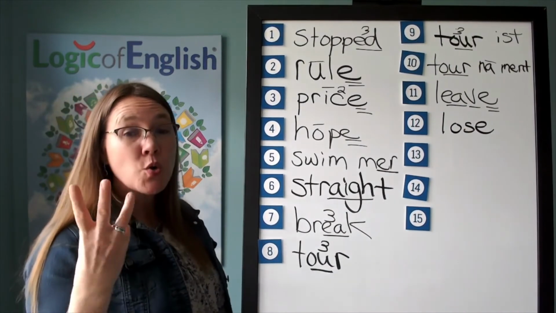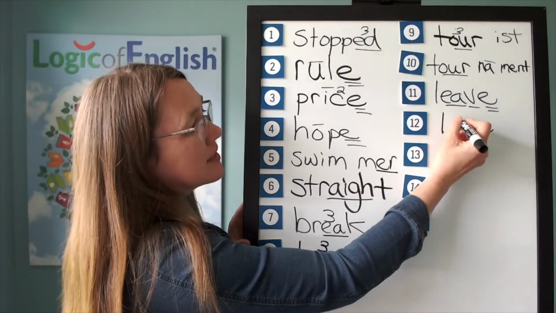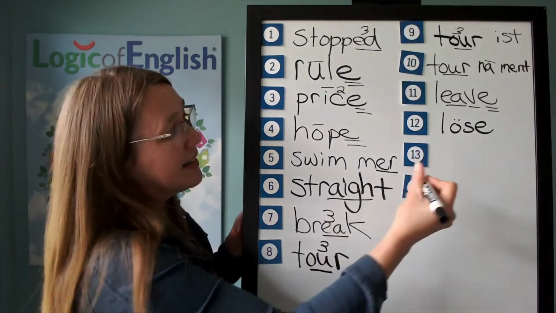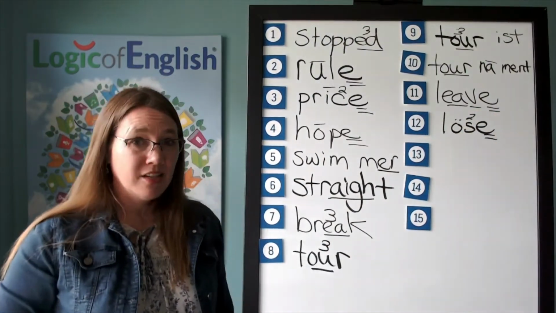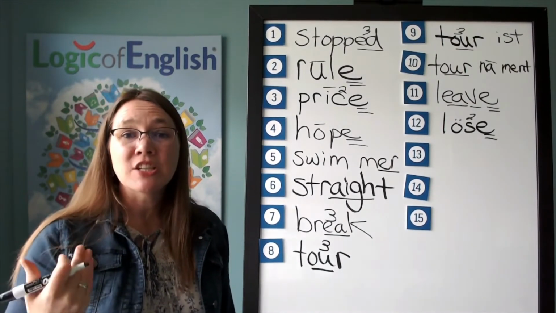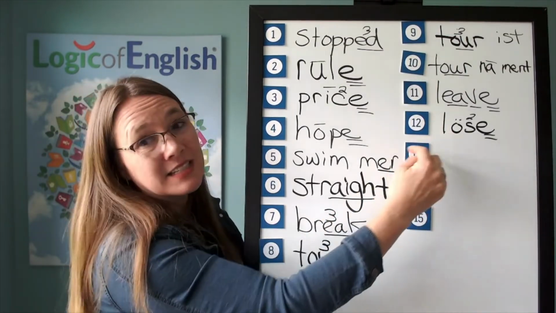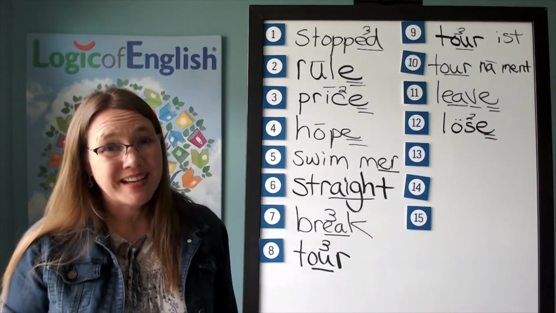What sound of A-O-U do you hear in lose? It's the broad sound. That's right. And what sound of Z do you hear in lose? It's the second sound. And why do we have a silent E in lose? I think it's there because of the S. Yeah, so it doesn't look like a plural word. So let's read it. Lose.